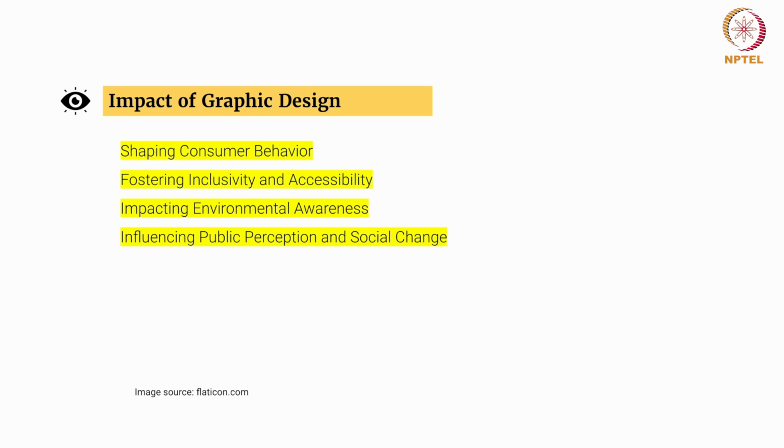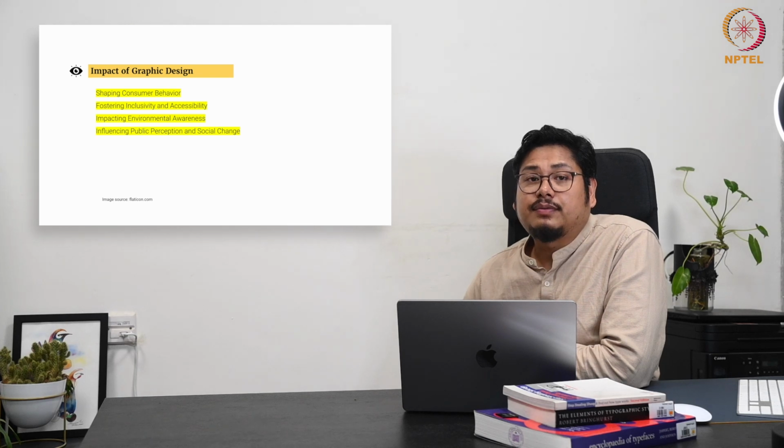Next is influencing public perception and societal change. This is again an important thing, where a graphic designer can influence public opinion on social and political issues through campaigns, visual statements, and information design. They also contribute to shaping social narratives.